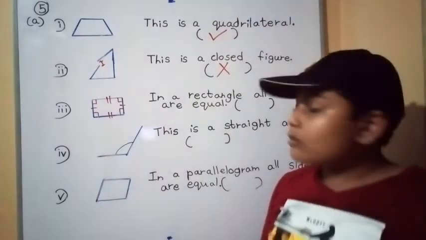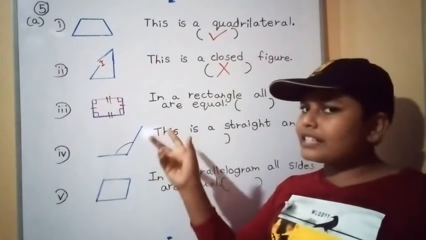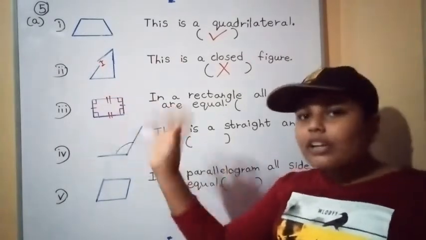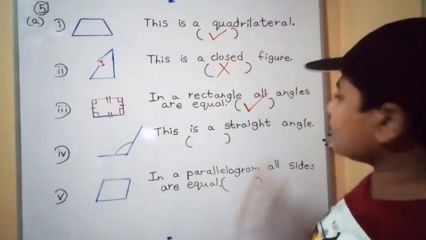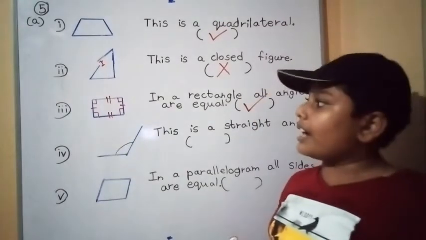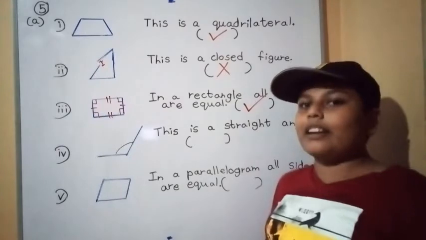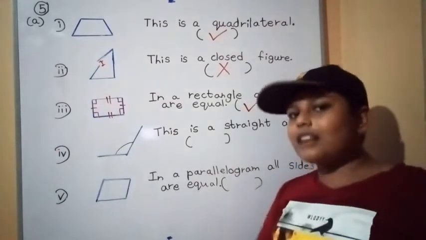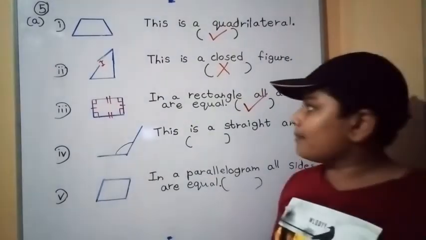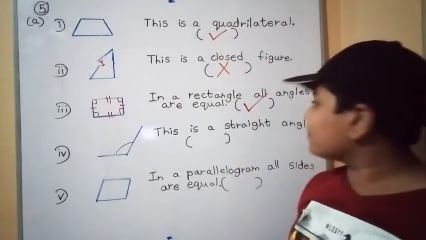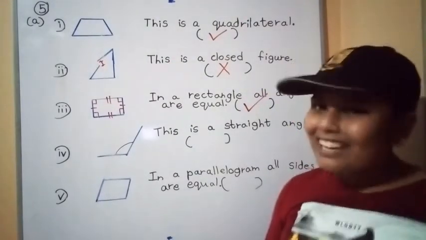Now, if you look at the rectangle, there are four angles, four right angles in there. Now all angles are equal: 90 degrees, 90 degrees, 90 degrees, 90 degrees, in total 360 degrees. In a rectangle, all angles are equal.